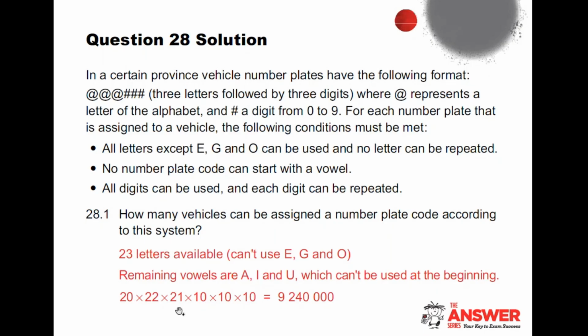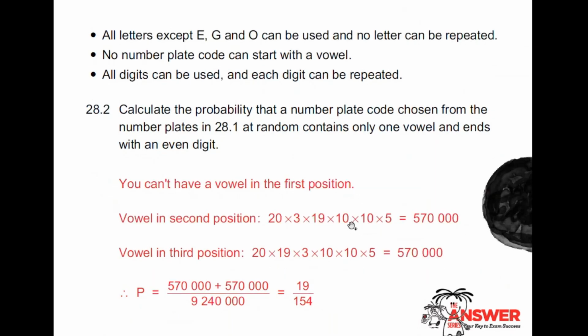And then I cannot repeat the first letter or the second letter, so they're 21. Okay, tough. That part was fine. This part, you've just got to get your head around with the vowels and all that. Okay, I've repeated the conditions, so that's nothing new. I just repeated them so that I've got them.